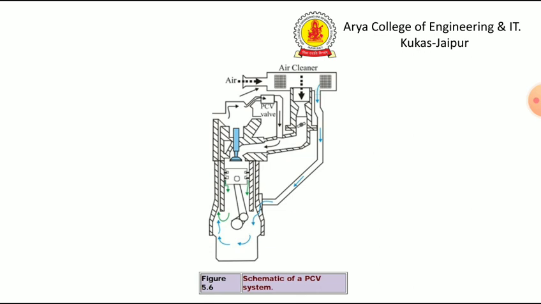When the engine is running and the intake charge is throttled, the intake manifold is at lower pressure than the crankcase, so the blow-by gases mix with the intake charge to be burned inside the engine cylinder to carbon dioxide and H2O.